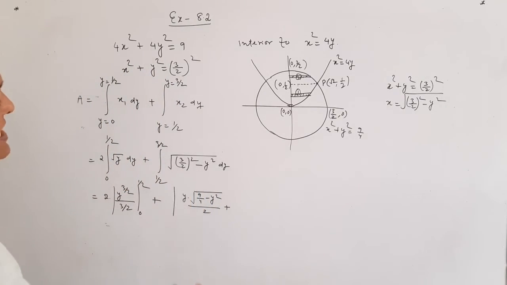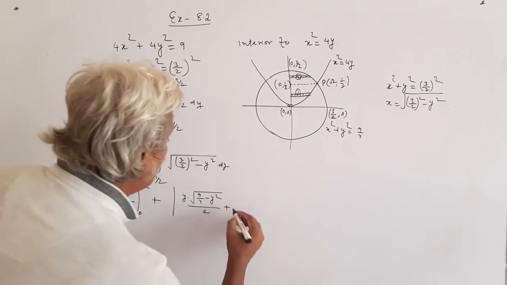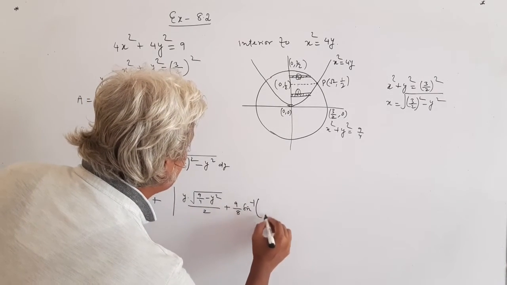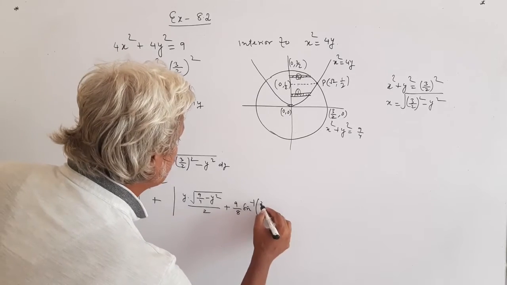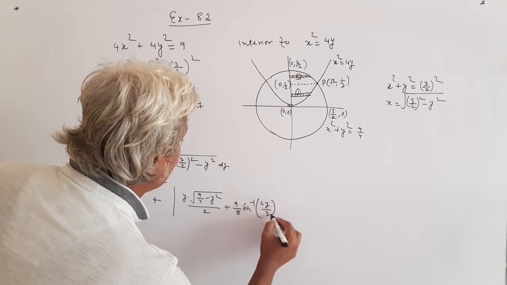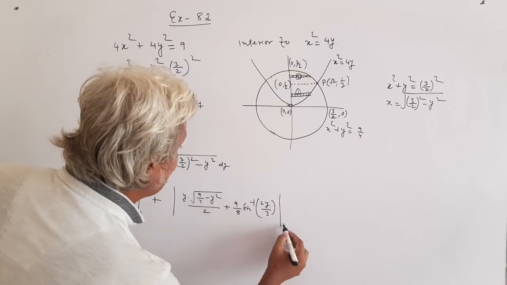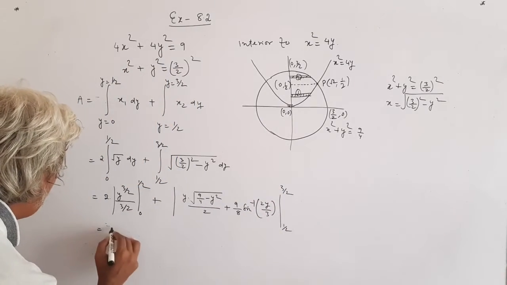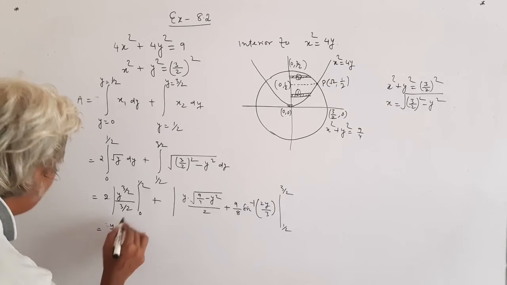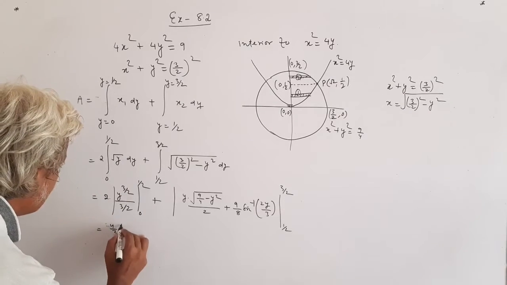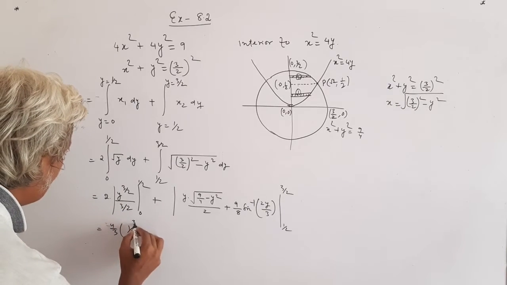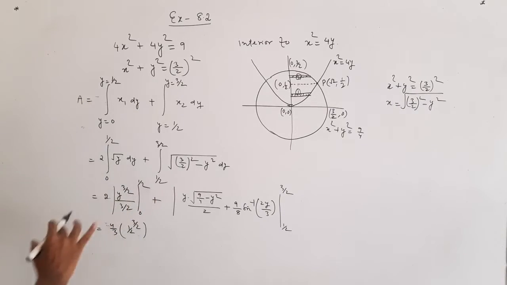So 9/4 by 2 will become 9/8, sine inverse y over 3/2, this becomes 2y/3, and I put the limiting value, that is half to 3/2. Now this 2 comes here, becomes 4/3. If you put half there, this is just half to the power 3/2. We'll consider it just like this, this part is done.